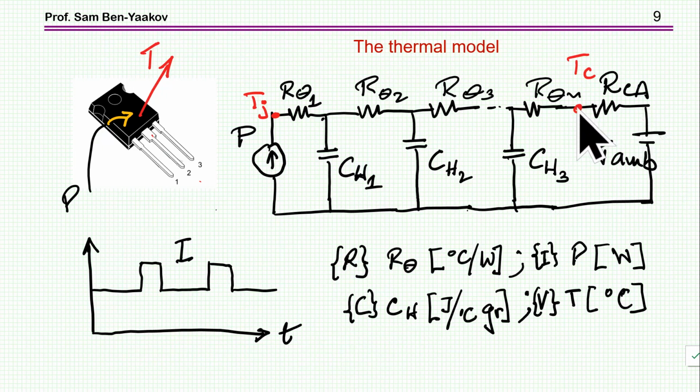This is the terminal of the case. I don't have a thermal resistance between case and ambient because I'm assuming, as in most data sheets, that the case is kept constant, clamped to 25 degrees. So this resistance is 0, okay?